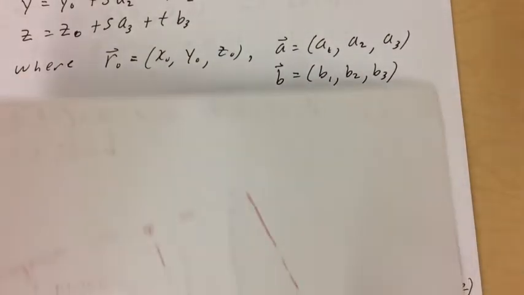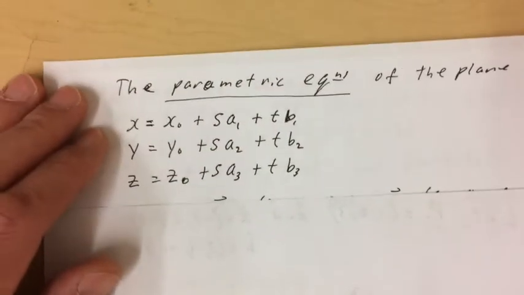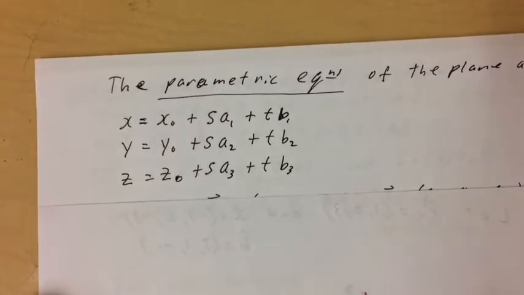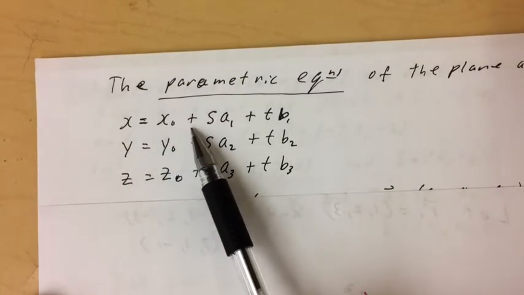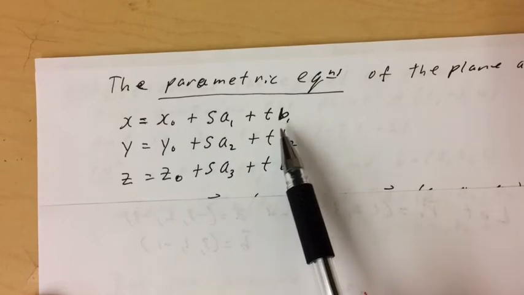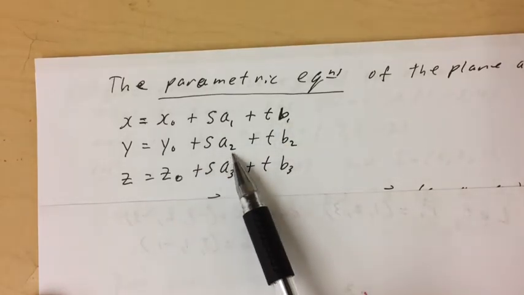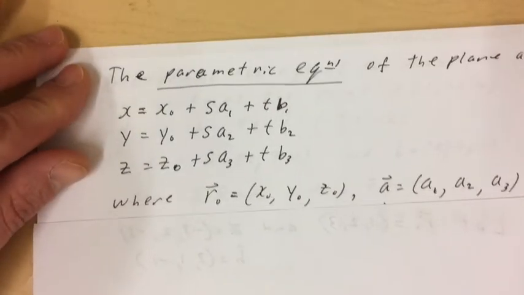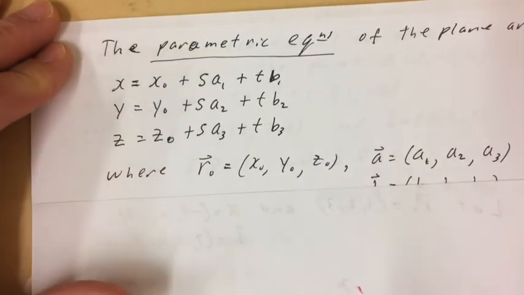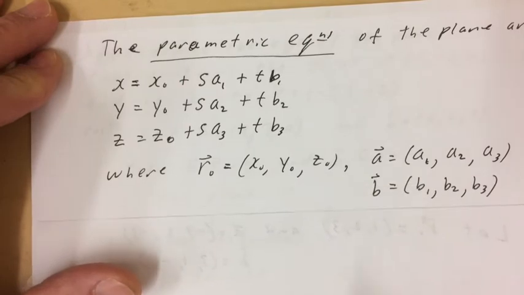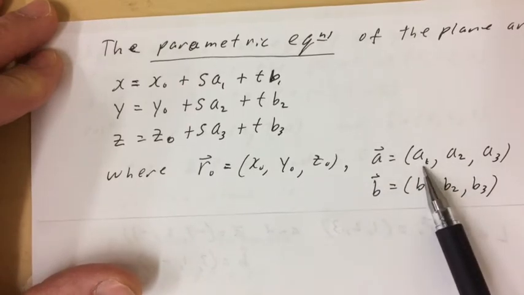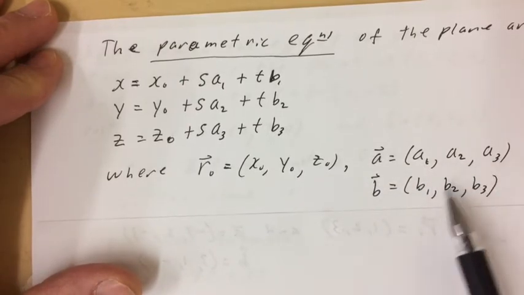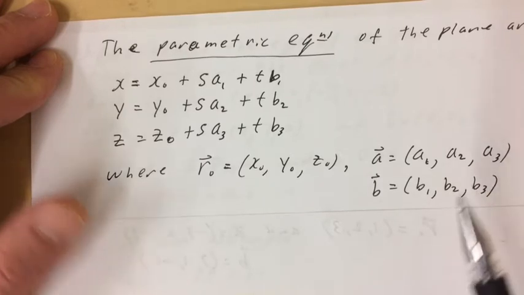Now the parametric equations, well, we can just take the x coordinates of these. Okay, so parametric equations is going to be x equals x naught plus sa1 plus tb1, y equals y naught plus sa2 plus tb2, and z, and so on. Where r naught is x naught, y naught, z naught, and a and b are broken up into components a1, a2, a3, b1, b2, and b3.